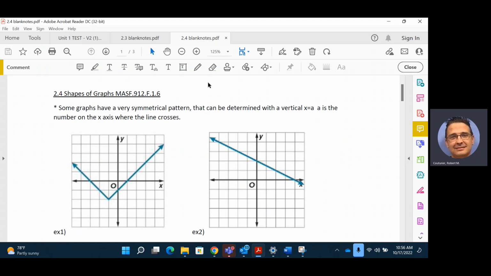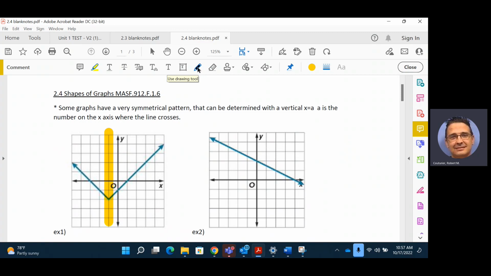So let's start to look at some of these first ones here, right? If we are looking at this, I can tell that this looks pretty symmetrical. Now, it goes on and on forever in both directions, but look at this part. I could literally cut this graph in half right here. Right like that. Okay, and if I look very carefully, is it a line of symmetry?